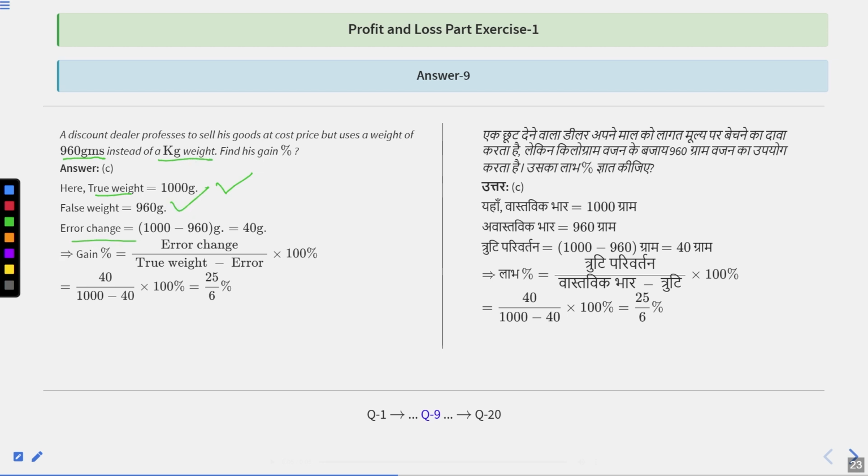So what will be the error? It is 40 gram. So what is the gain? Gain is error upon true weight minus error, multiplying by 100. It is his gain percent. So 40 upon 1000 minus 40 multiplying by 100 equals 25 by 6%. C is the correct answer.